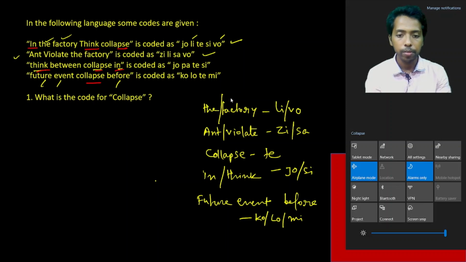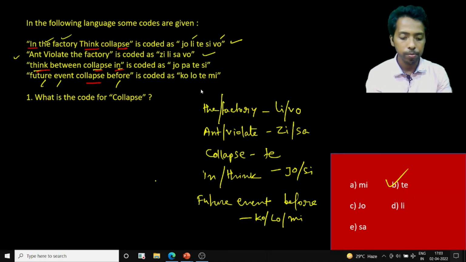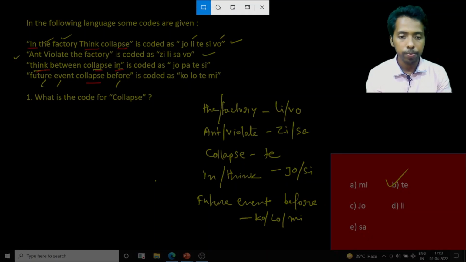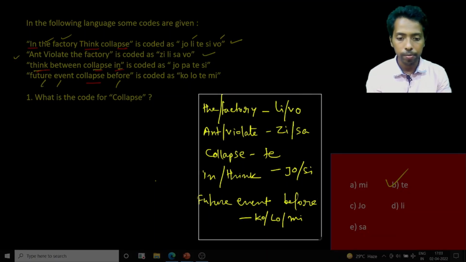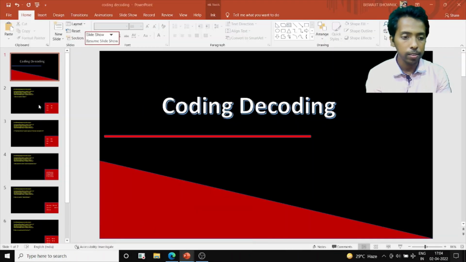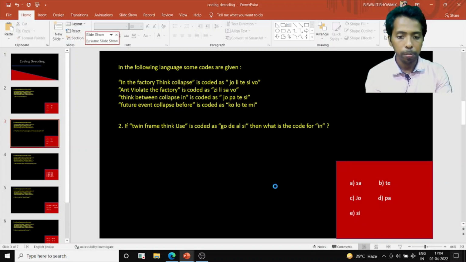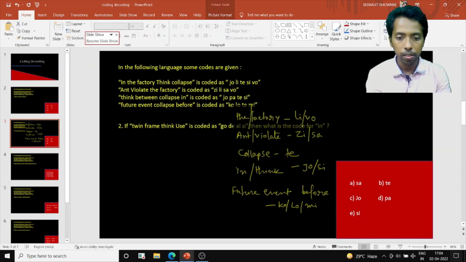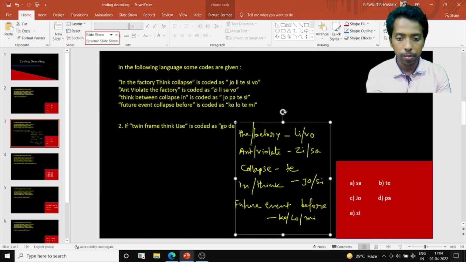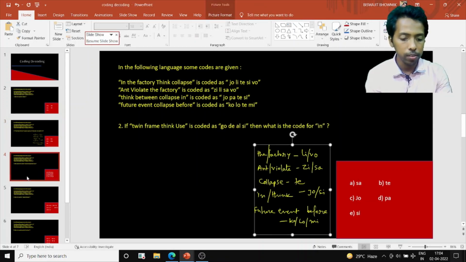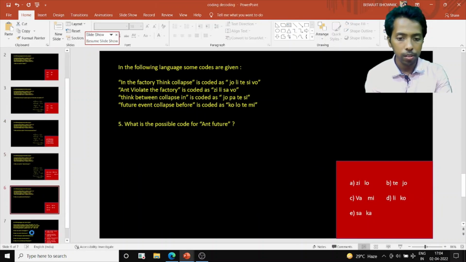Just copy this and make it available in all these pages here.